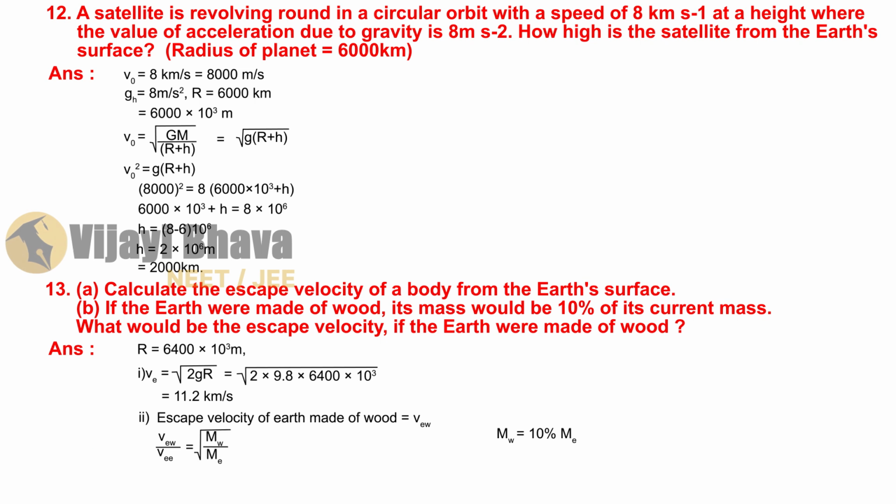Substituting the values, VEW by VEE is equal to square root of 10 ME by 100 ME, because MW is taken as 10% of ME, 10% in the sense 10 by 100. Finding the square root after cancelling ME and ME, we get 1 by root 10.